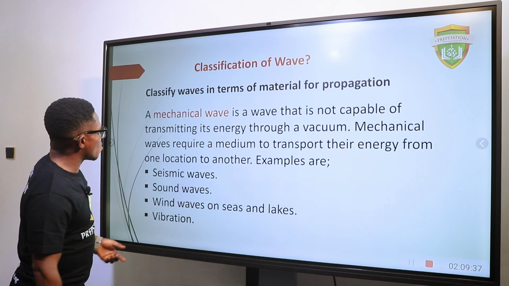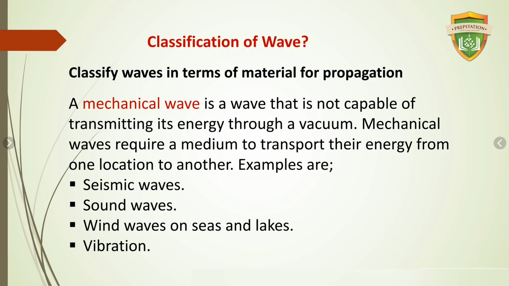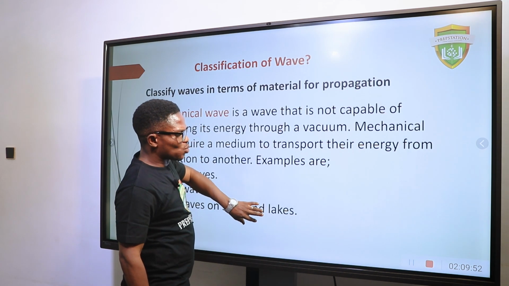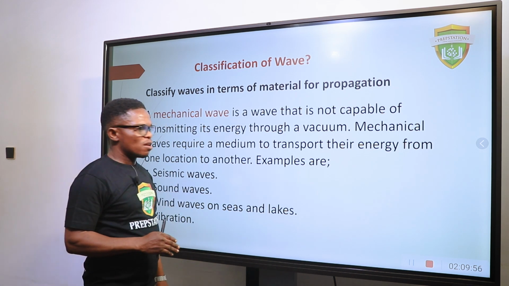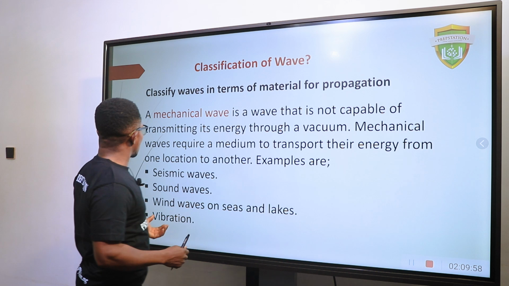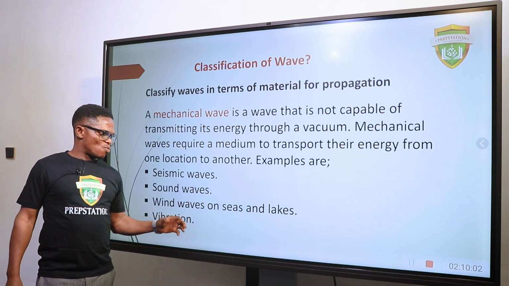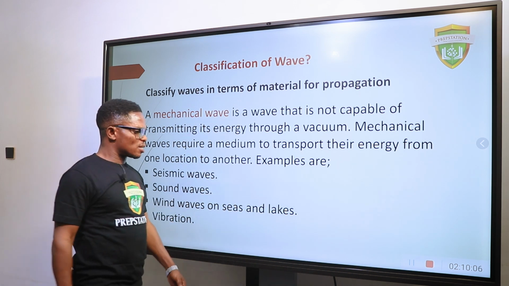What are mechanical waves? It's a wave that is not capable of transmitting its energy through a vacuum. It means mechanical waves require a material medium for their propagation. For example, sound wave. You cannot transmit sound without considering air, okay? You have the wind and all of that.